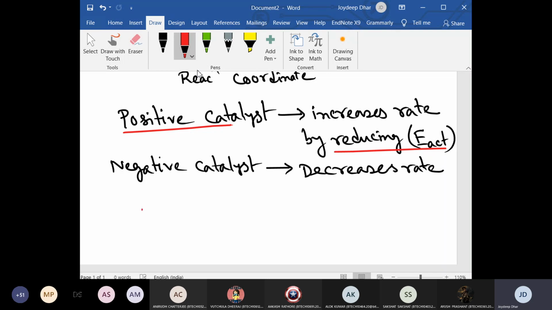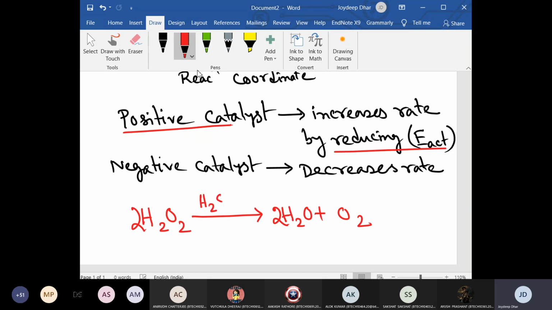Just like if you have H2O2, H2O2 it will have a general tendency of decomposition into hydrogen and oxygen. So I can add here 2, 2, then 4. Now H2O2 decomposes into oxygen. So that reaction, if you want to stop, what I will add?